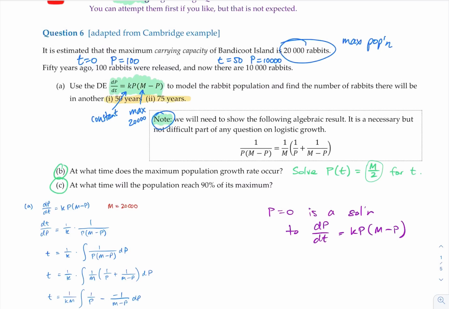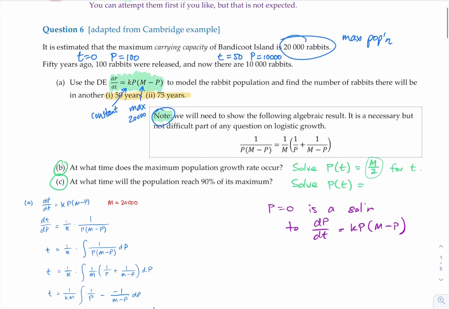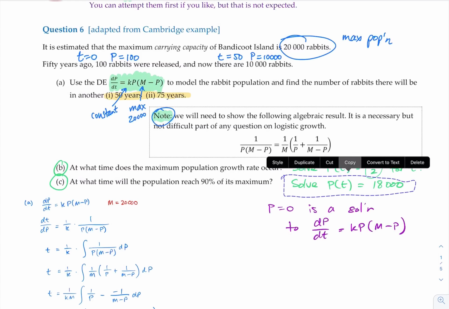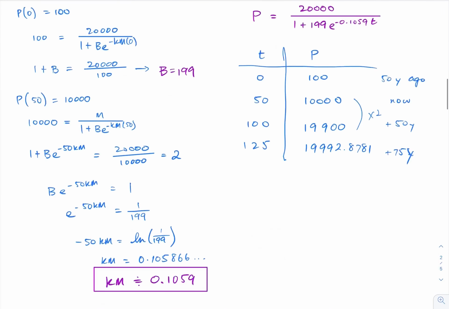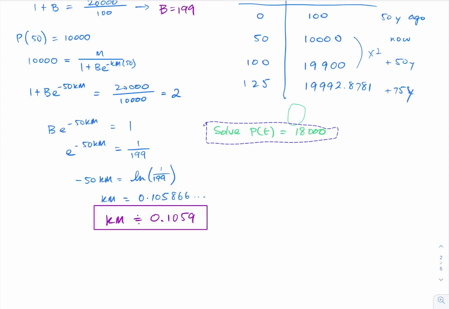Question C is also solving for t. Here we solve p of t equals 90% of the maximum, in this case 18,000. Funny, these things that come along for the ride, isn't it?